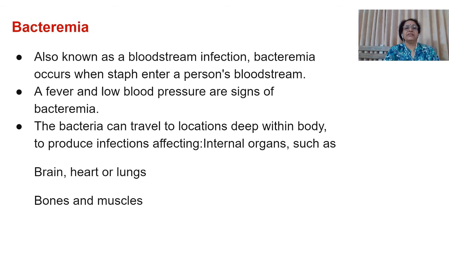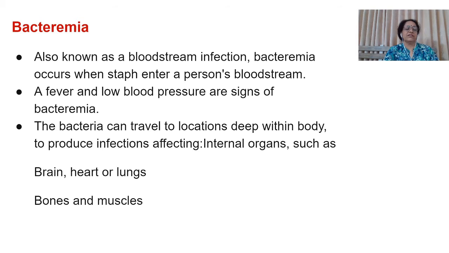But when there is an entry of bacteria in the body, then the disease is called bacteremia, presence of organisms in the blood circulation. This is also known as a bloodstream infection. Bacteremia occurs when staph enters a person's bloodstream. There is fever, febrile illness, low BP; these are signs of it, and the bacteria can travel to locations deep within the body via the bloodstream.